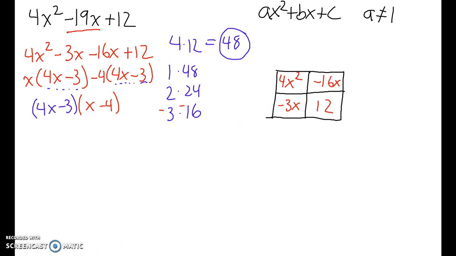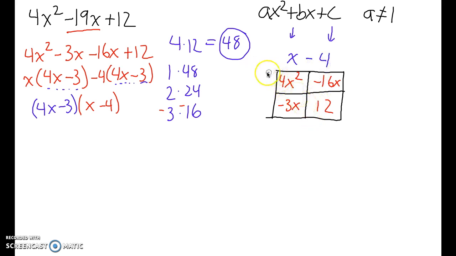And when I go to find the factors, I'm going to do the same thing. So looking down this column, I look to see what's the common factor. And the common factor here is x. And then looking down this column, the common factor between negative 16 and 12 is 4. But once again, I'm going to take the sign of the first one. So this is going to be x minus 4.